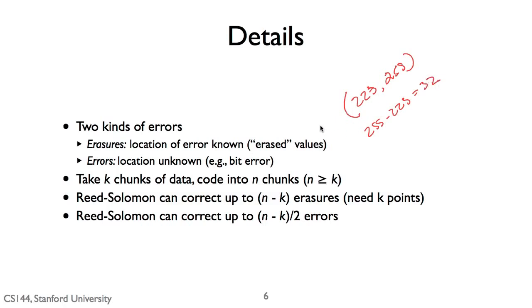So this particular Reed Solomon code can protect against 32 erasures or 16 errors, where 32 of the 8-bit code words can be missing. As long as we've got 223, we can reconstitute the original data. That's 223 points on our 222-degree polynomial. Or if 16 of them have bit errors in them, we can still reconstitute the original data.